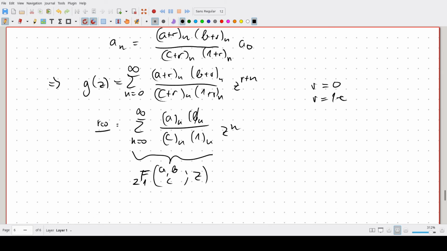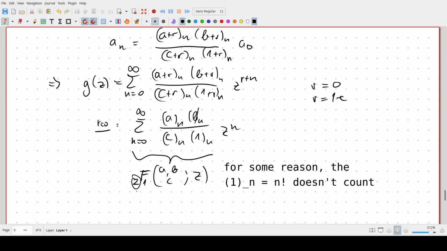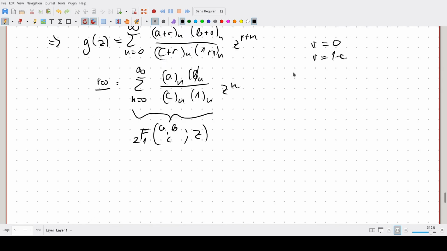The reason why: a and b are on top because they are on top in this fraction, c is on the bottom because c is on the bottom of this fraction, and then 2F1 because we have two factors on top and one factor at the bottom. So big surprise, the solution to the hypergeometric equation is the hypergeometric function.